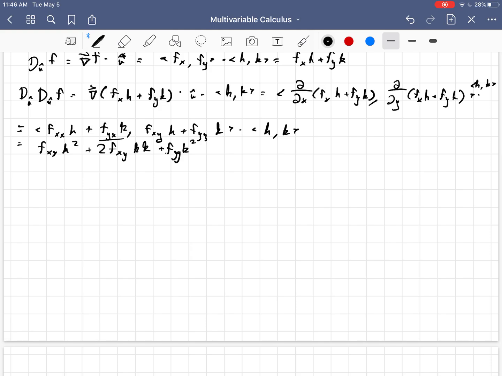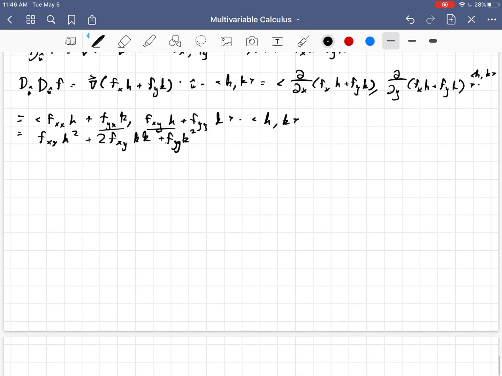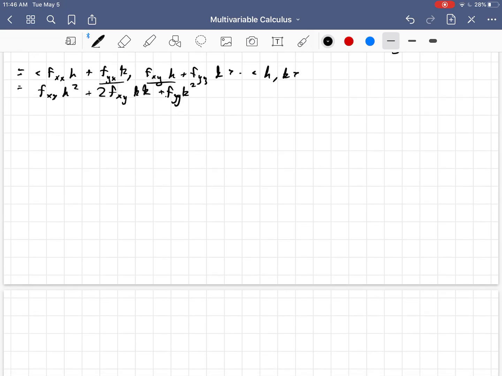And so what I did was I combined this and this, because f sub yx and f sub xy are assumed to be the same since we're assuming continuity. So Clairaut's theorem applies.